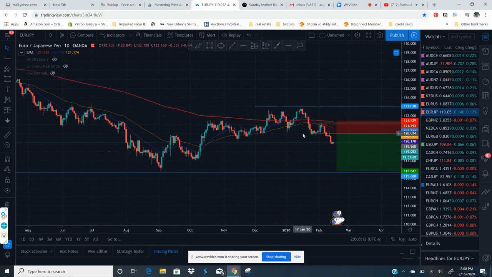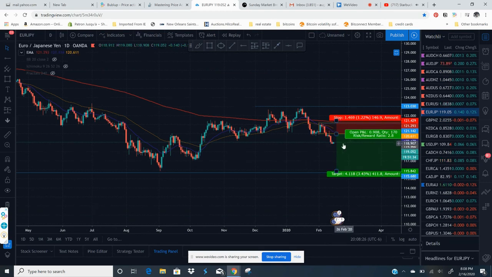Come back and hit that 200-day moving average. Continue to push down to the downside. 250 right up in that area. So it's in a seller's market. Push up to this, down, that's 2 to 8.